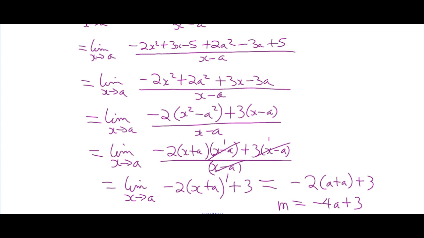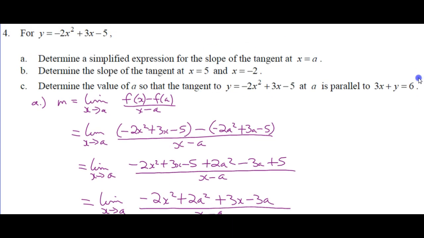And that's the slope. So the slope is negative 4a plus 3.